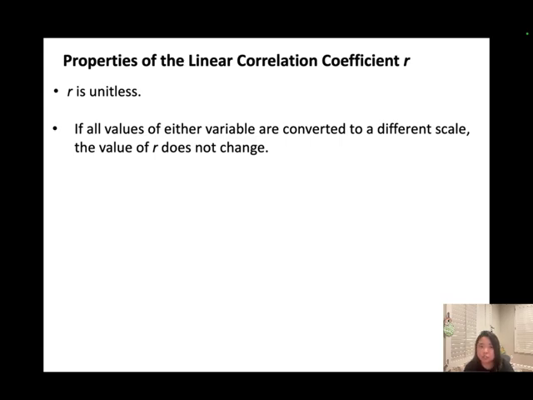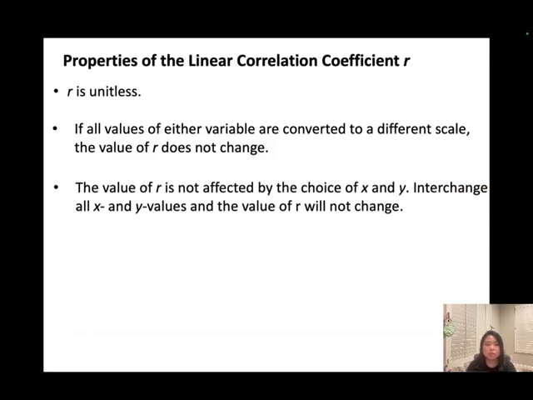They have a different scale, but the value of R does not change. The value of R is not affected by the choice of x and y. Interchange all x and y values and the value of R will not change. So it doesn't matter which variable you use for x and which for y, you're gonna get the same R.